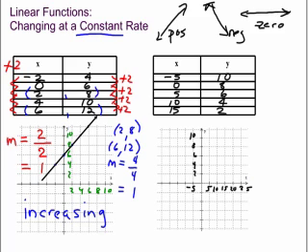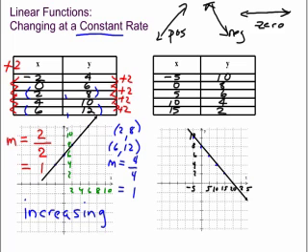And now I'm going to plot my points. Negative 5, 10 would be, according to my scale, 1 unit to the left and up to the 10. 0, 8, 5, 6, 10, 4, and 15, 2. Once again, we see that we have a straight line here through these points.